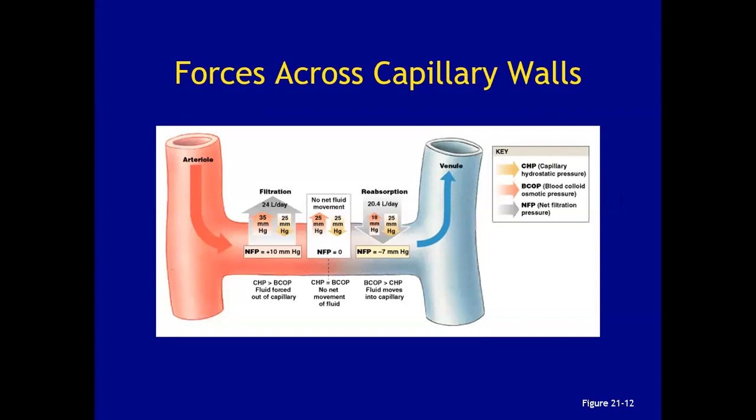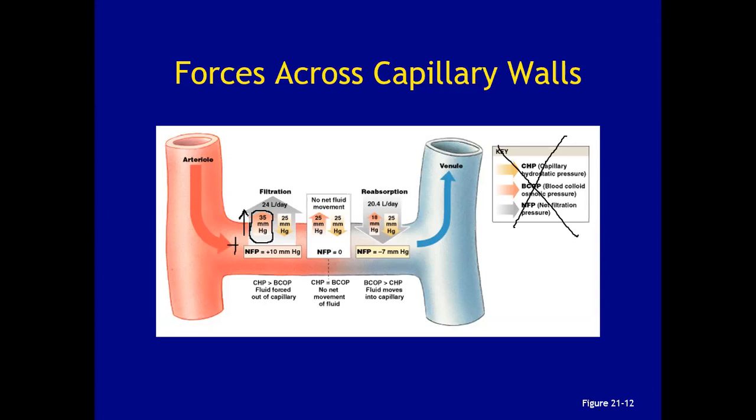When we get to this point right here, there is a pressure that is pushing out that comes from the heart that is 35 millimeters of mercury, okay? And that should be capillary hydrostatic pressure. This key is wrong. Don't look at that, okay? This says there is pressure pushing it out, okay?